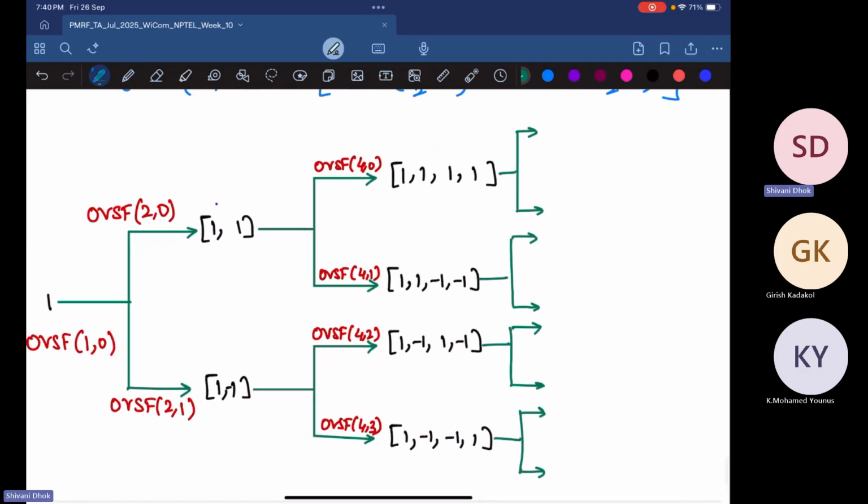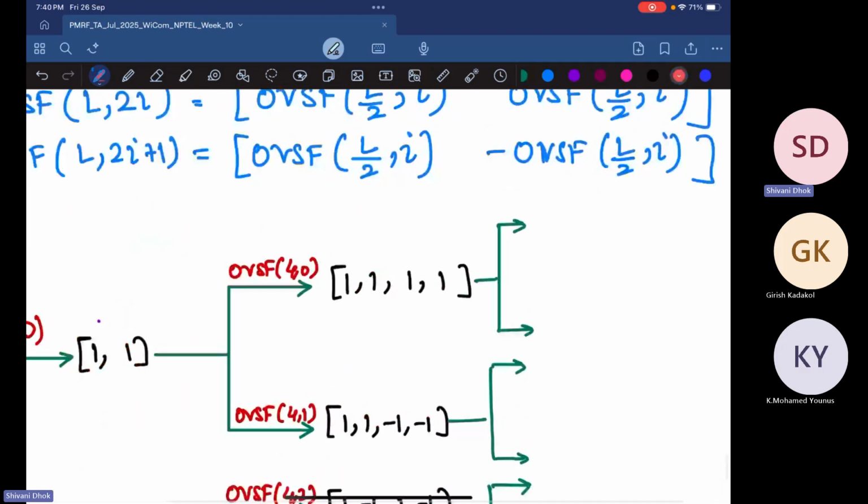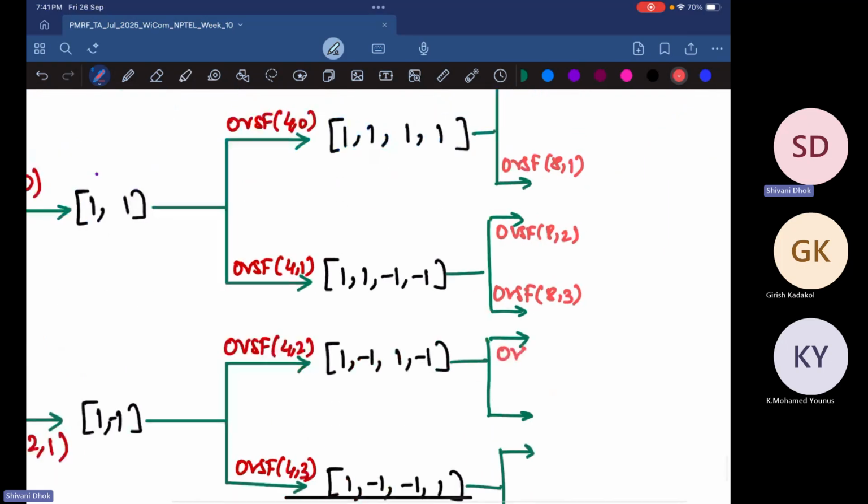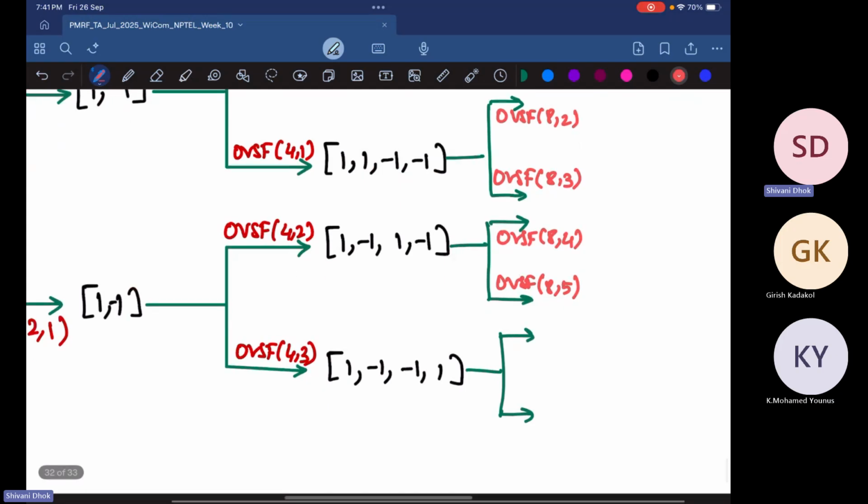So this is 8 length. So here I'll have OVSF of 8 comma 0, OVSF of 8 comma 1, OVSF of 8 comma 2, OVSF of 8 comma 3, 8 comma 4, 8 comma 5, and the last ones are OVSF of 8 comma 6 and OVSF of 8 comma 7.